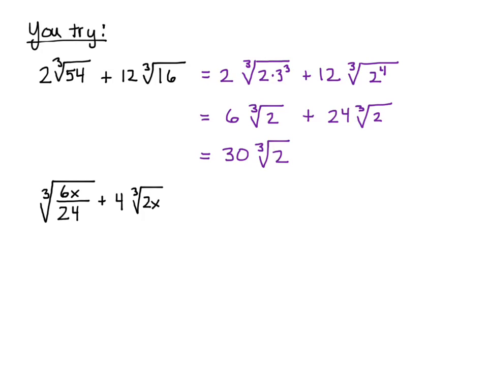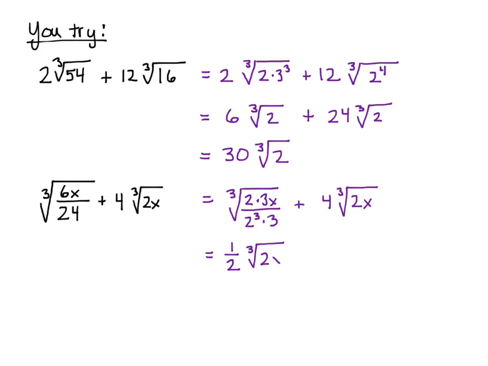Okay, let me make a comment before you split this up into that first term. If we first factor, the numerator is 2 times 3x, the denominator is 2 cubed times 3, we can cancel out the 2's and take out a cube root on the bottom. So let me show you how we did this.